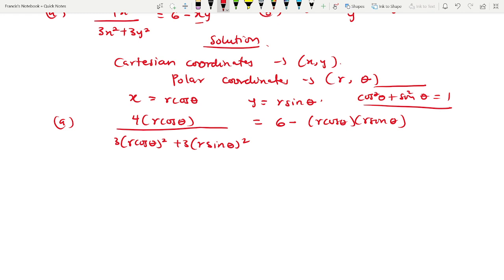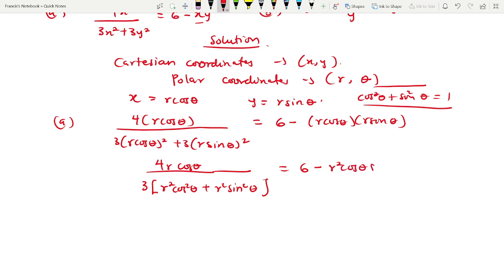So I'll simply get here 4r cos theta. Over here, I'm going to get 3 open brackets, r squared cos squared theta plus r squared sine squared theta. This should give me 6 minus r squared cos theta sine theta.